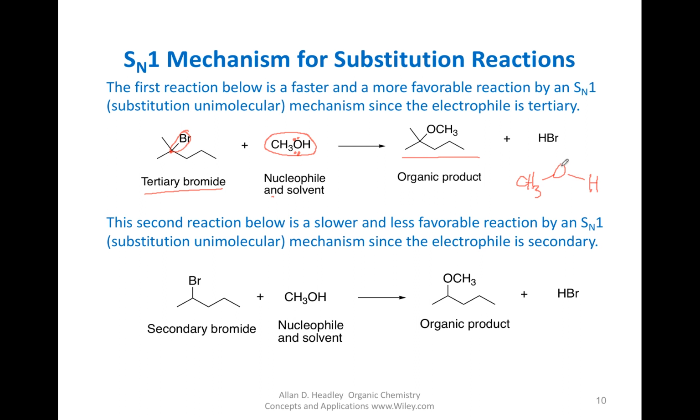Since this oxygen is electronegative, it's partially negative, and this hydrogen is partially positive, so therefore this is a protic solvent, because that hydrogen acts like a proton, and don't forget a proton is H plus by definition. So methanol is a protic solvent, so it's an ionizing protic solvent, so this reaction mechanism occurs by SN1.